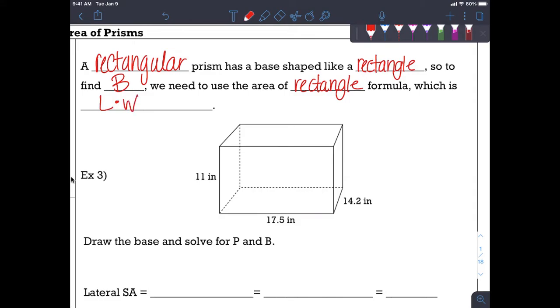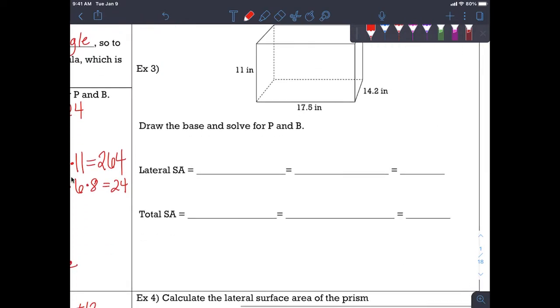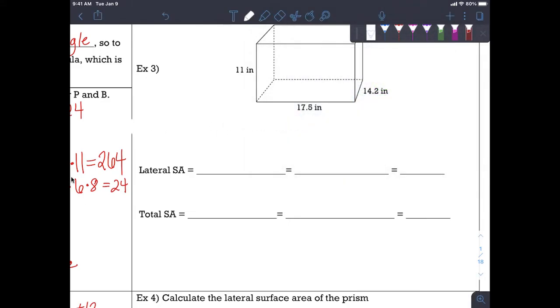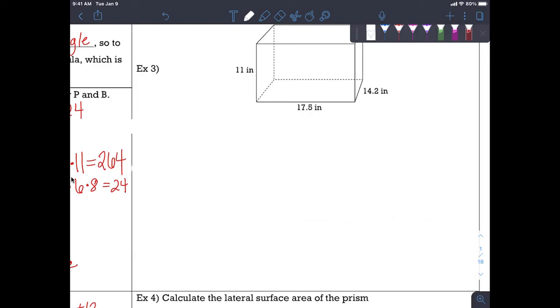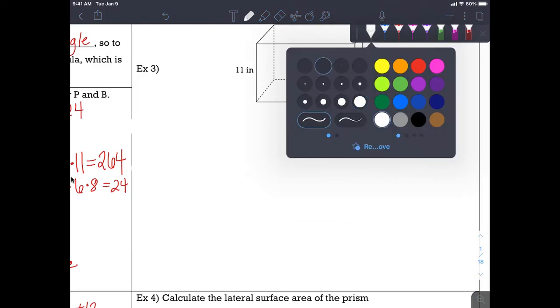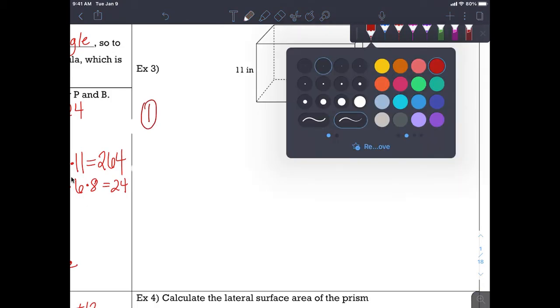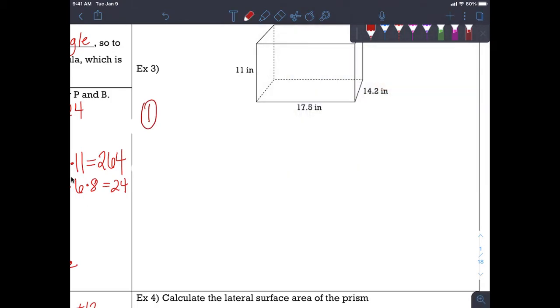Okay? So we're going to go through those exact same steps. So I'm going to go ahead and clear up a little bit of space here. All right. So, first step. Let's go ahead and calculate my perimeter.